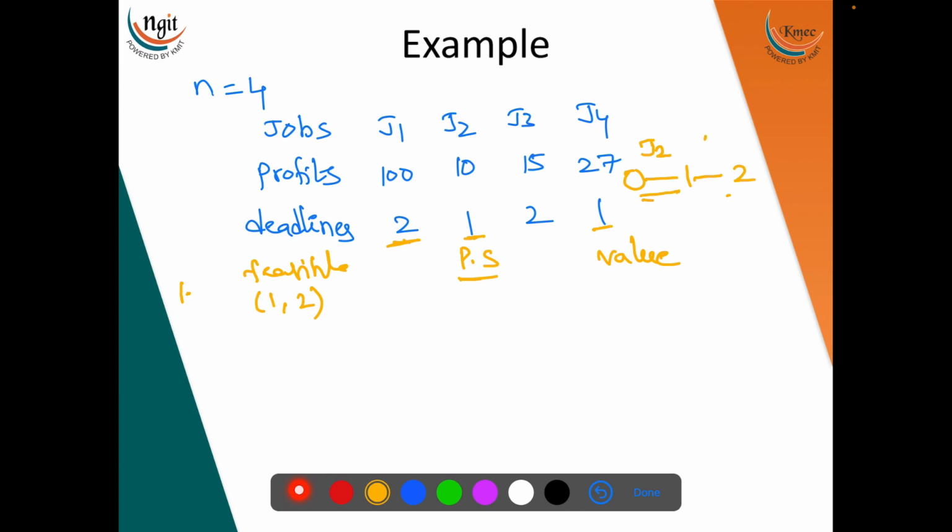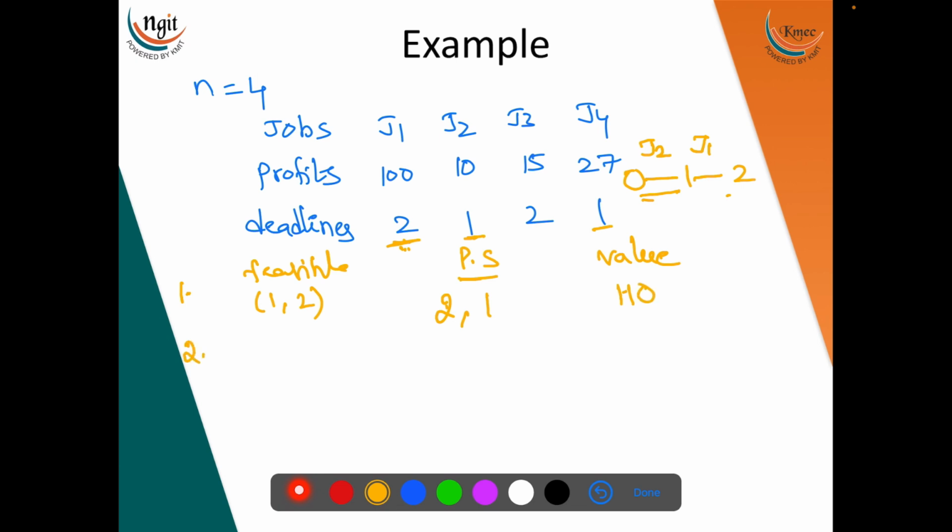After that I take J1 to complete because it can wait for 2 units of time. Job processing: whichever gives the highest profit is processed first, so that is 2, 1. The profit of this is 100 plus 10, which gives 110.